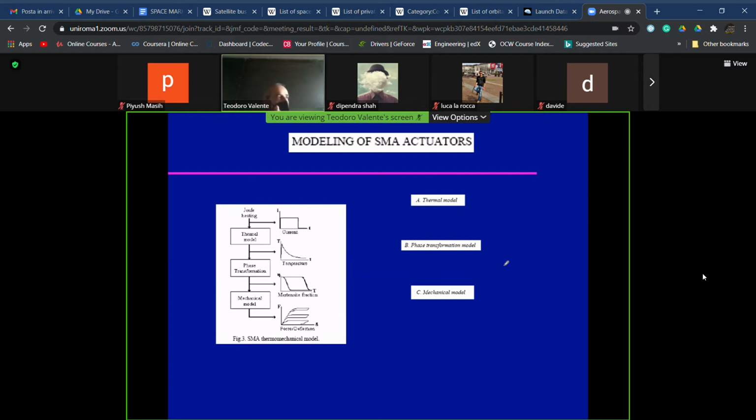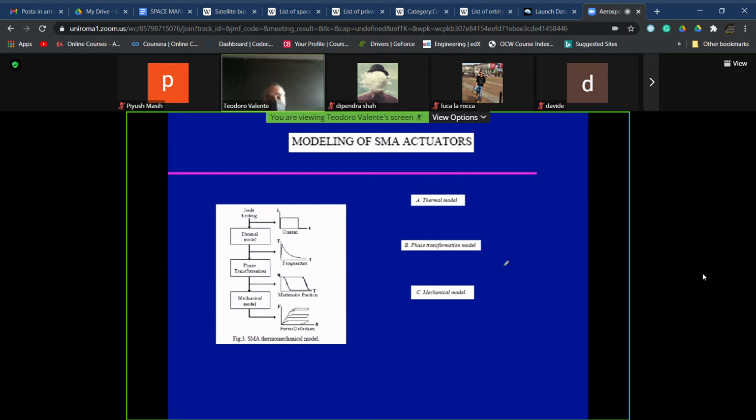We are using a wire. Since we are using a wire, we think that we are going to induce this shape memory behavior by varying temperature. And so we need a thermal model which is able to say to us, for a given temperature, which is the percent of austenite and which is the percent of martensite.